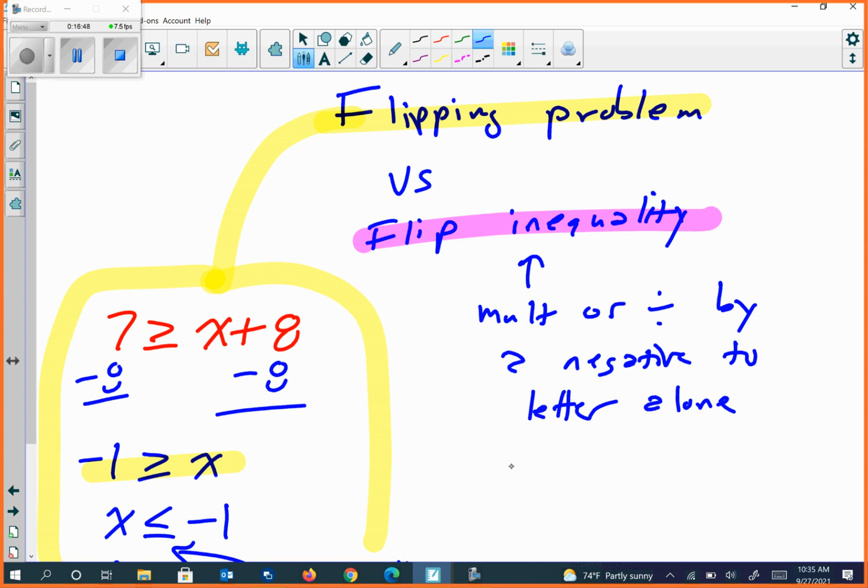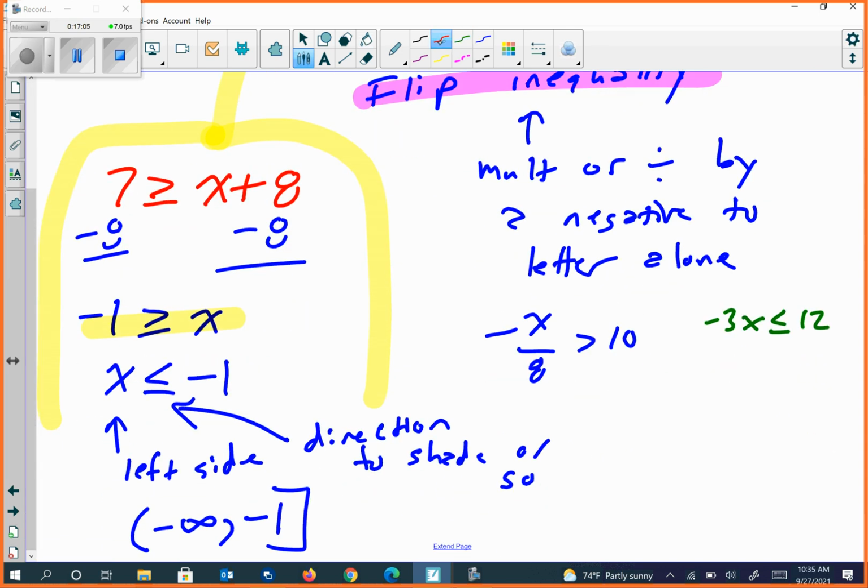So you could have something like this. Or you could have something like this. So both of those problems are going to result in the sign flipping over.